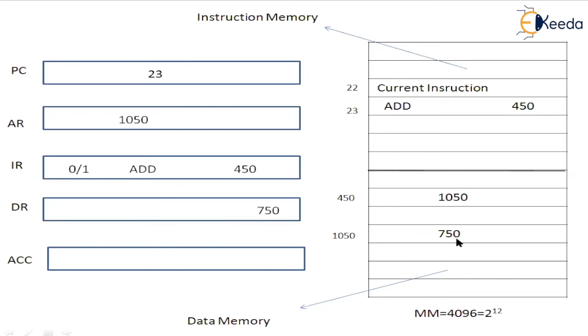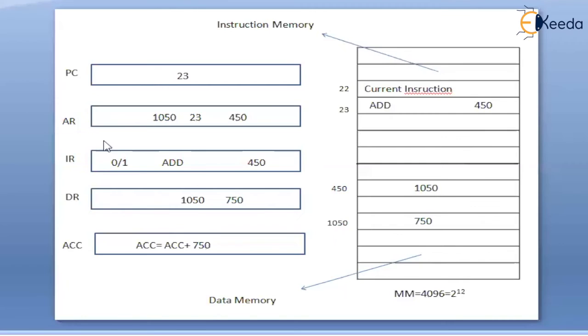That operand will get transferred to the data register. Now this is the actual operand, right? So finally, the accumulator contents will be added to the 750. This is how the indirect addressing mode operations are going to be performed.